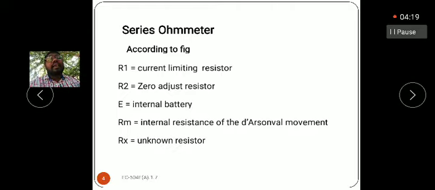E is the internal battery connected to the circuit, Rm is the internal resistance of the D'Arsonval movement, and Rx is the unknown resistance. With this construction of the series type ohmmeter, we measure the unknown resistance.